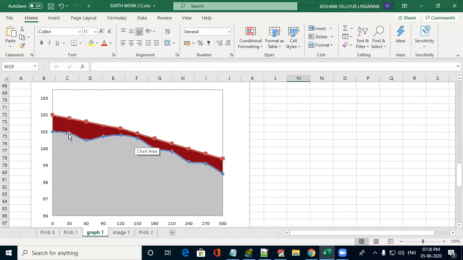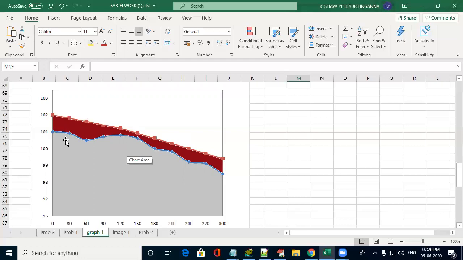Using that, the formula is BDM plus SD square multiplied by the length. Length is 30 at each and every interval, 30, 30, 30. So you are working out this area. BDM plus SD square will give the area at this cross section.